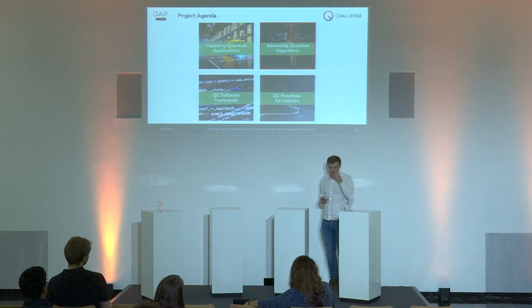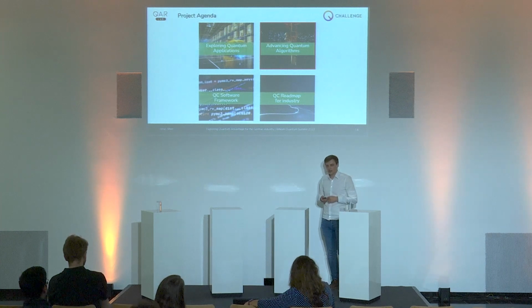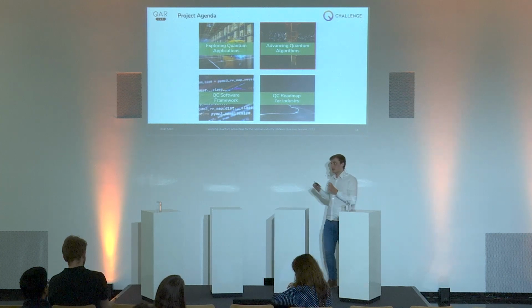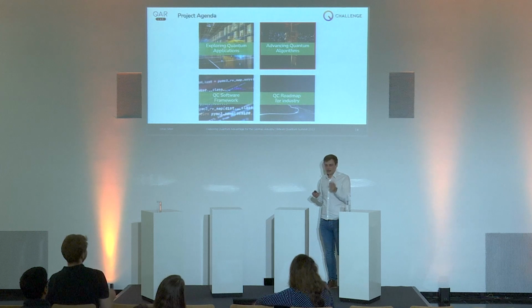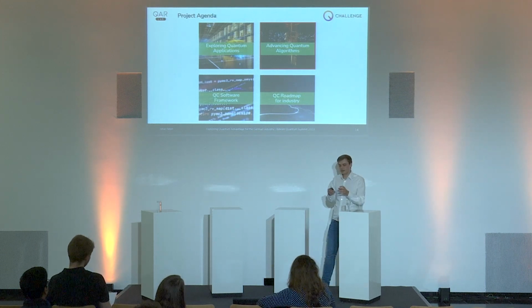All right, then moving on to the next point on our project agenda: advancing basic quantum algorithms, which is a daunting task because quantum algorithms are quite complicated. But with some particular applications in mind, there's a lot of potential to optimize how we use these algorithms, and in particular how we formulate those questions that we have for the quantum computer.